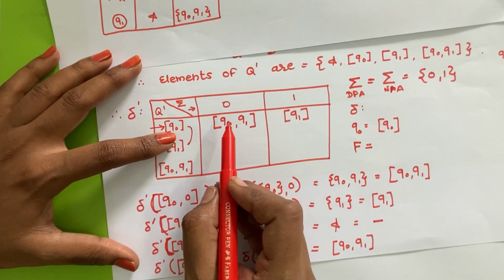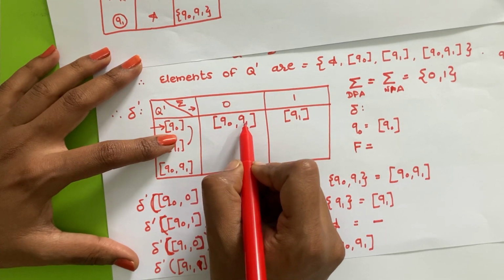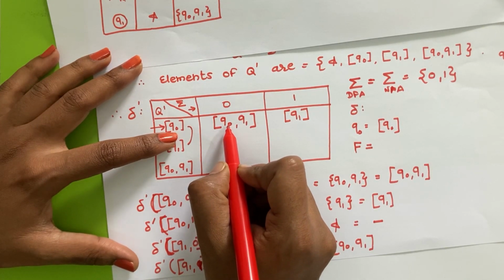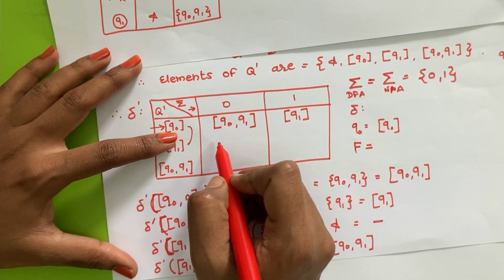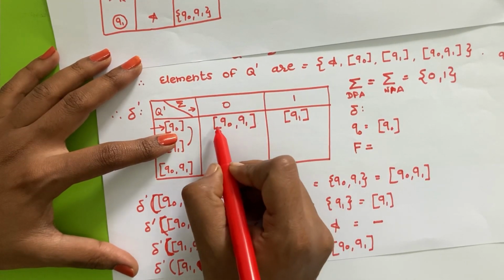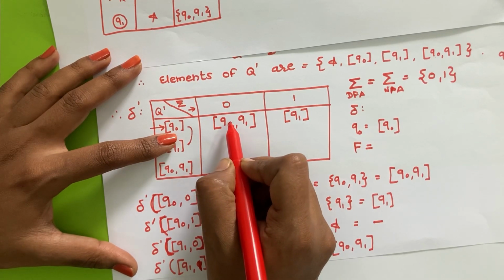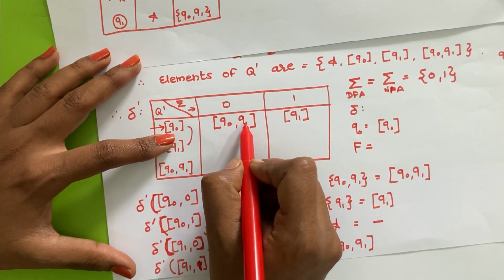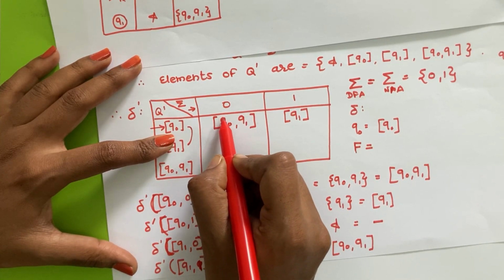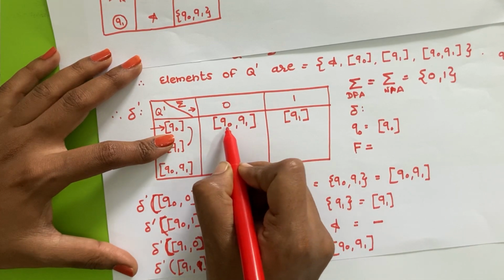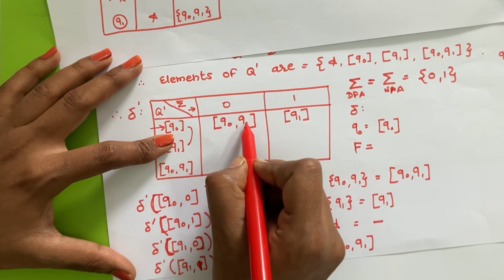But there are deterministic transitions in case of DFA, so we cannot have two output states for a single transition. So in case of deterministic finite automata, this will be the new state, a single state having the properties of both Q0 and Q1 states. These look like two different names, but this is a single state named Q0 Q1, having the properties of Q0 as well as Q1.